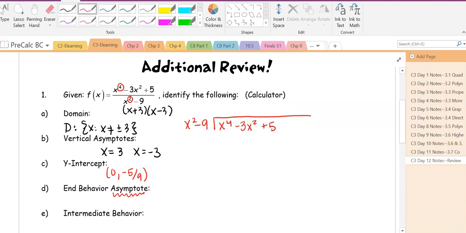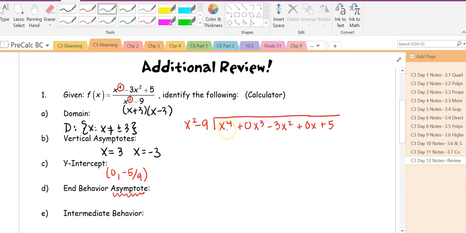Okay. All right, and actually I have messed this up already because we do need to leave a placeholder for the 0x cubed. And for the 0x. Okay, all right, here we go.